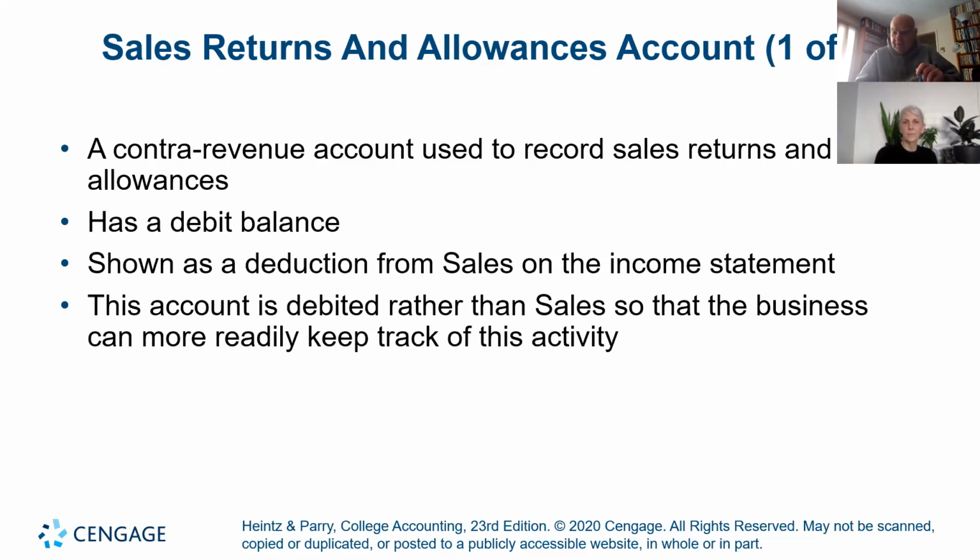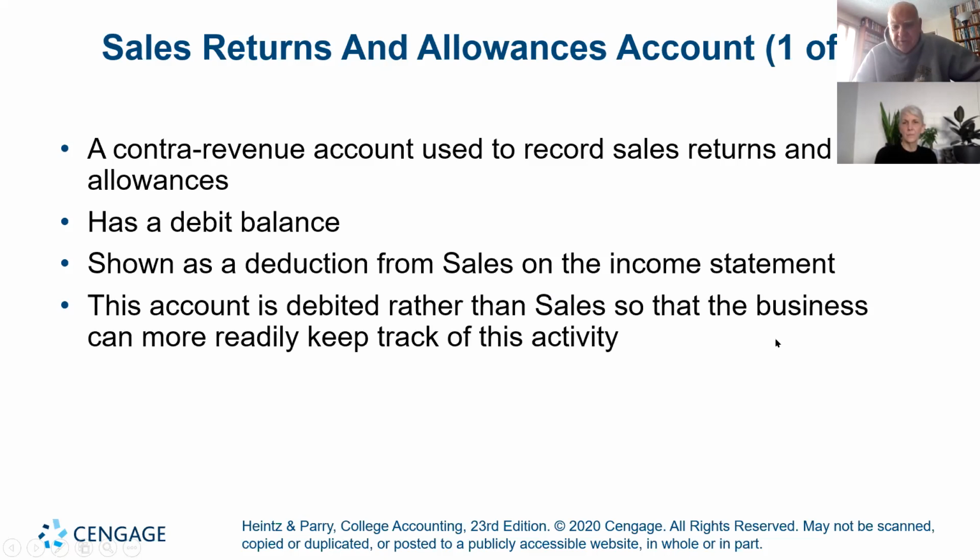You look at any company's income statement, it's going to say sales less sales returns and allowances, less a couple of other things. It's debited rather than sales, because you never debit sales, so that the business can more readily keep track of this activity.